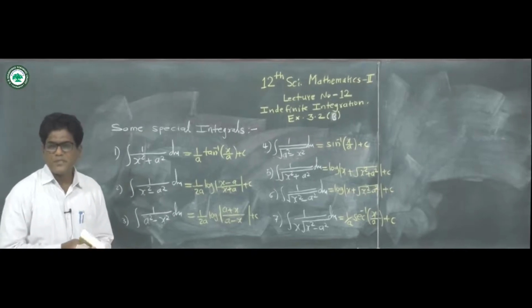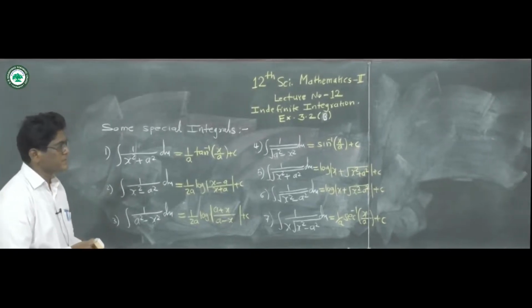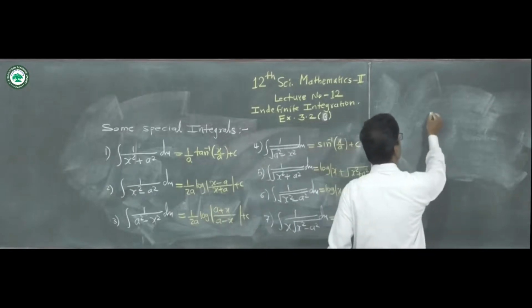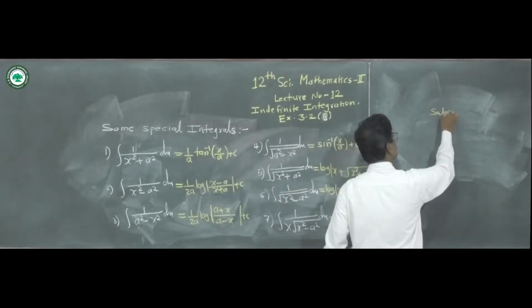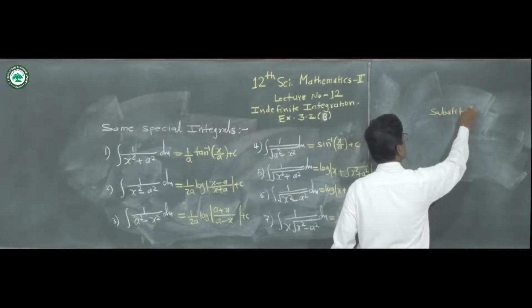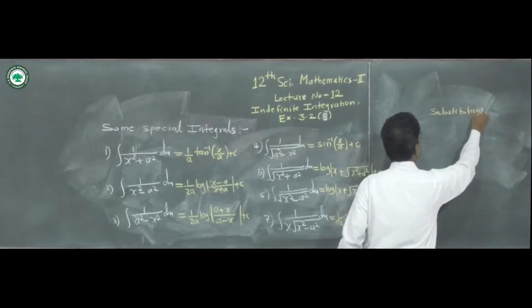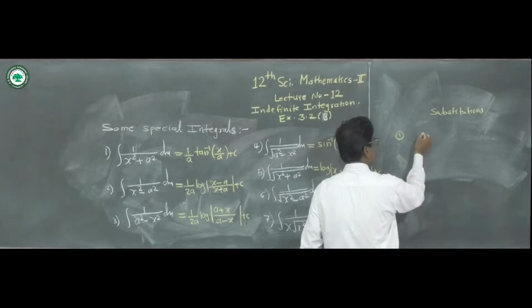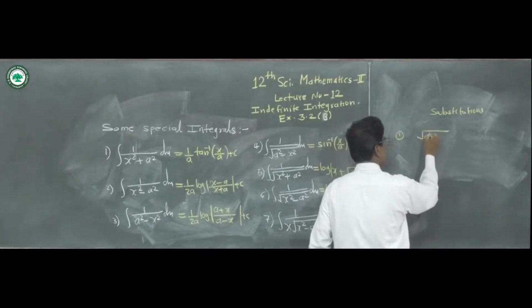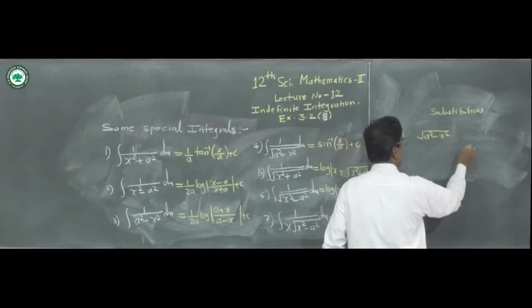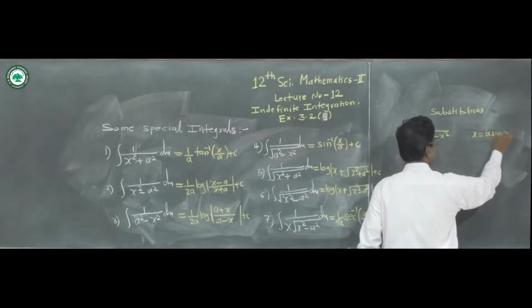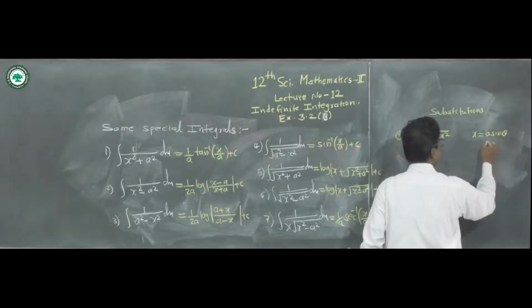Now some special substitutions. First one: when there is root of a square minus x square, we put x is equal to either a sin theta or x is equal to a cos theta.